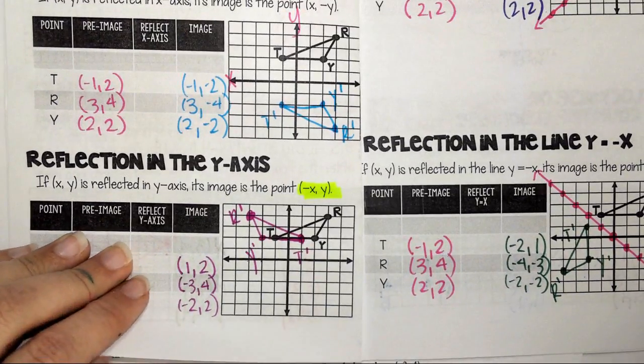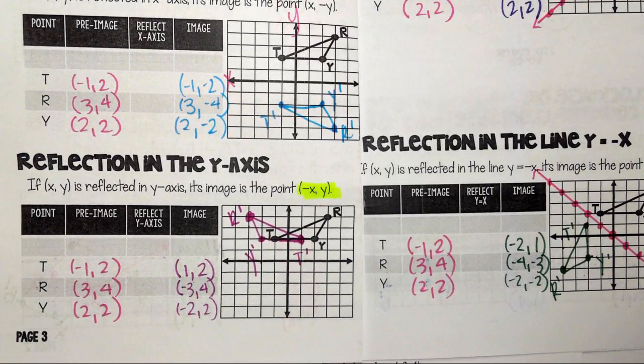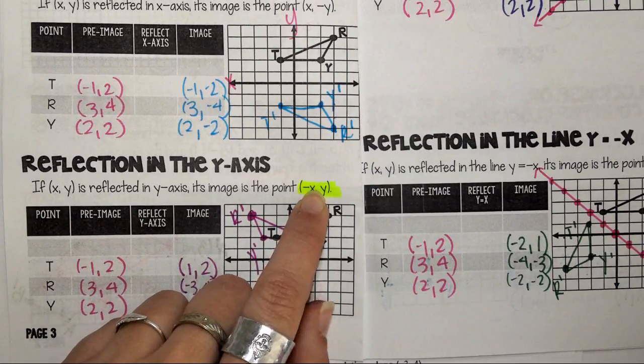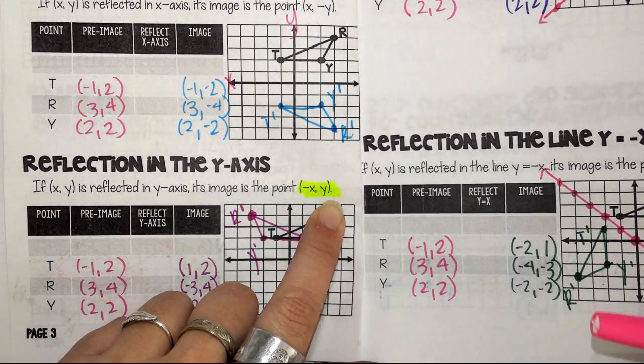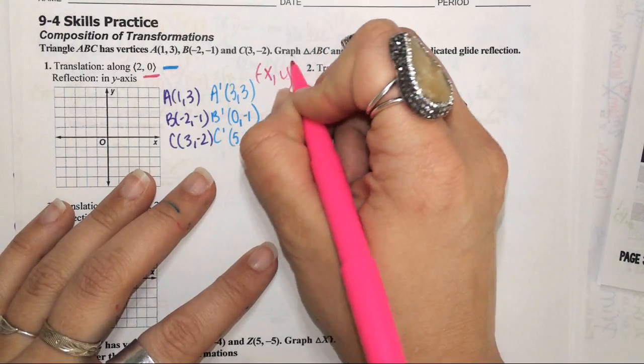It's just one or the other. You already have that out, so open to reflections. Now, in the y-axis, what am I going to do to my x value? And what am I going to do to my y? Keep it. So, it's negative x, y.